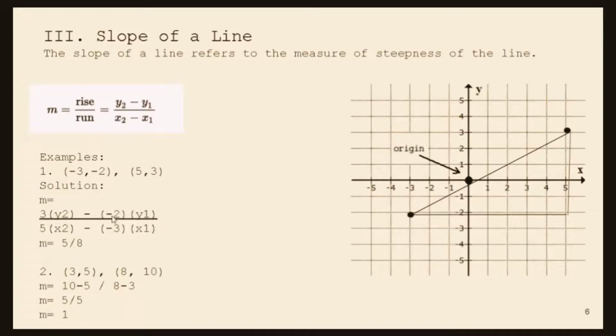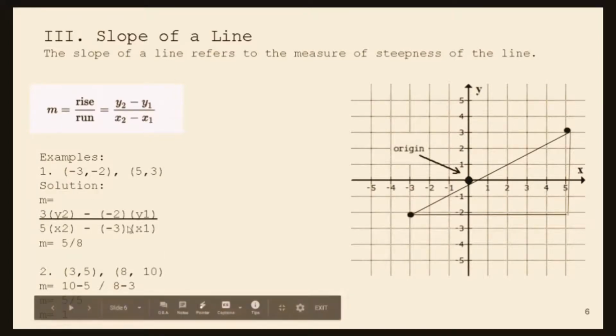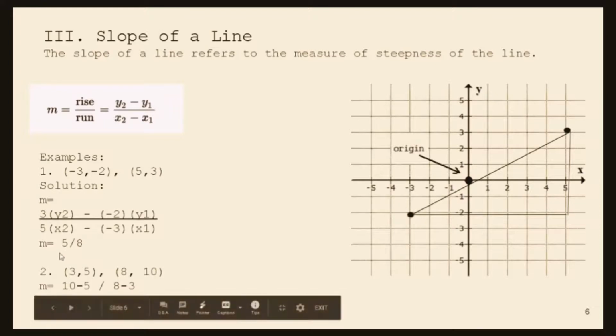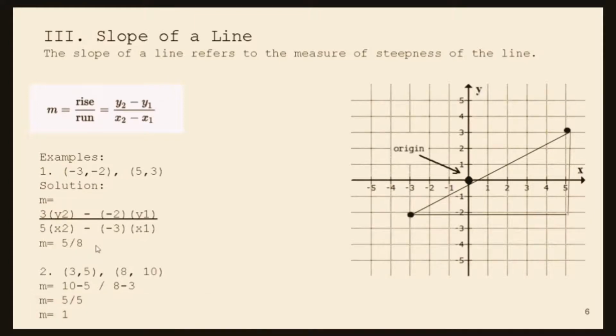Applying the rules of subtracting integers, change mo yung sign ni -2, magiging plus yan, which will make it 3 plus 2. So, magiging 5 yung numerator natin. And 5 minus -3 will be equal to 5 plus 3, which is 8. So, magiging 5 over 8 yung slope natin. Gets?